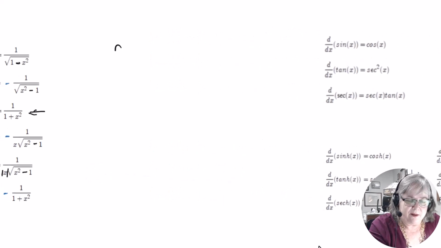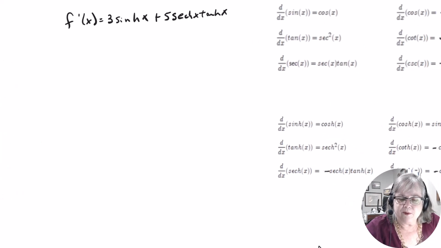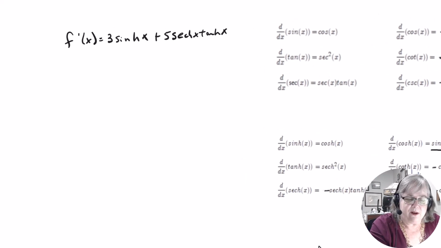And let's talk about, if I tell you the derivative of something was 3 times the hyperbolic sine of x and 5 times the hyperbolic secant of x, hyperbolic tangent of x, right? Then what we would do is we would look here and go, we took the derivative of something and got the hyperbolic sine. So to get the hyperbolic sine, we took the derivative of the hyperbolic cosine. And the 3 is a multiplier, just goes along with it, all right?